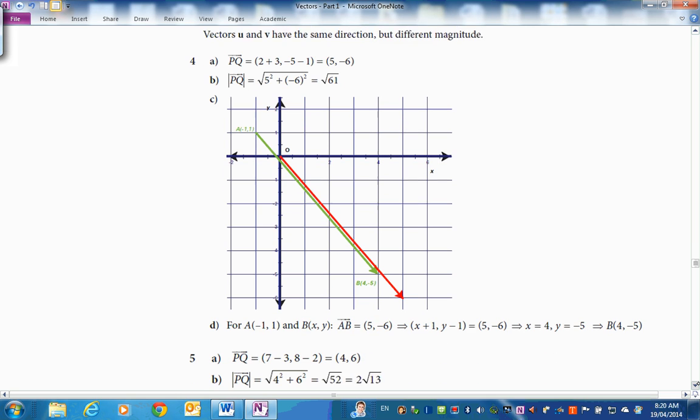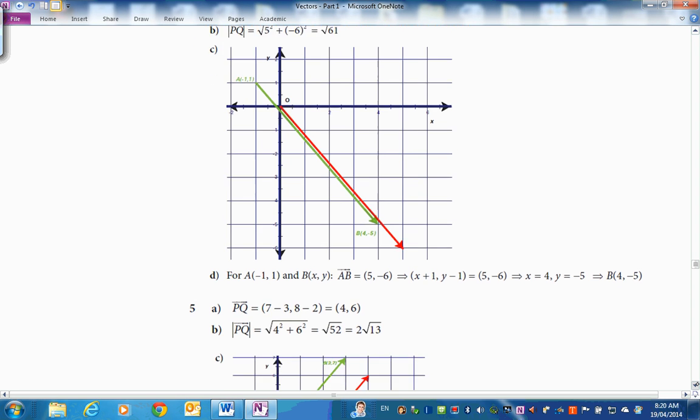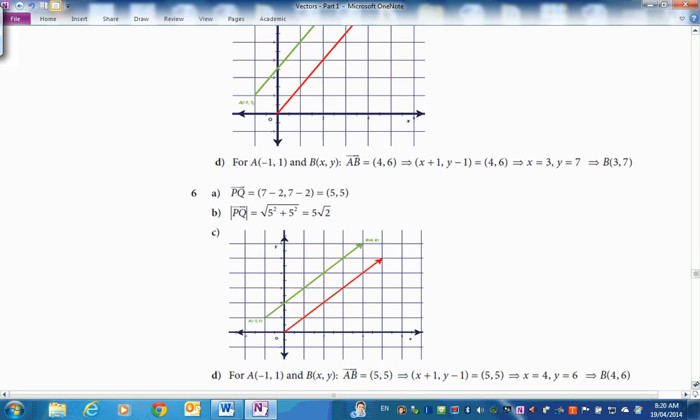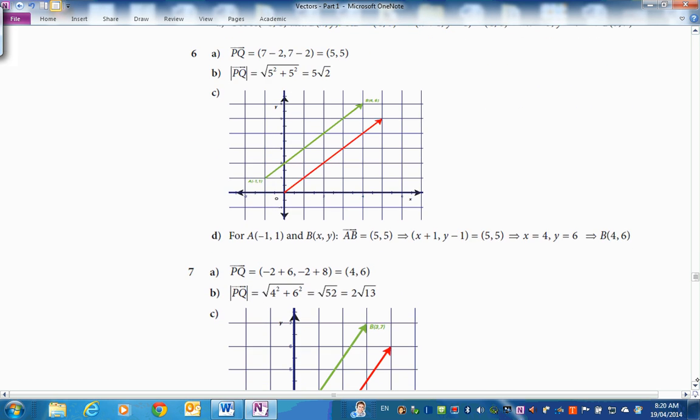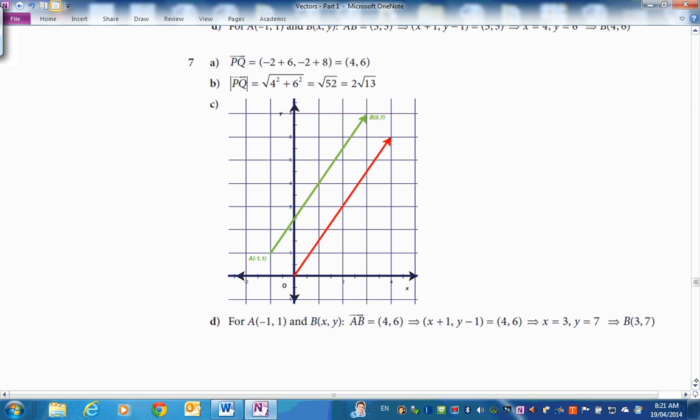Question 4. Question 5. And question 6. A little bit of 7. Question 7. And that's it for that little group.